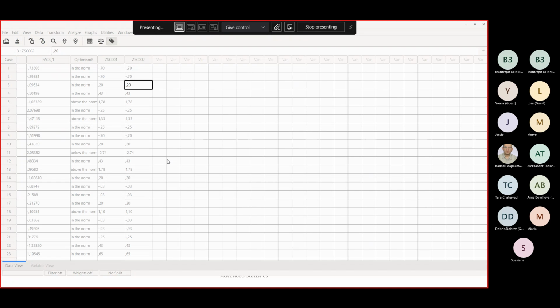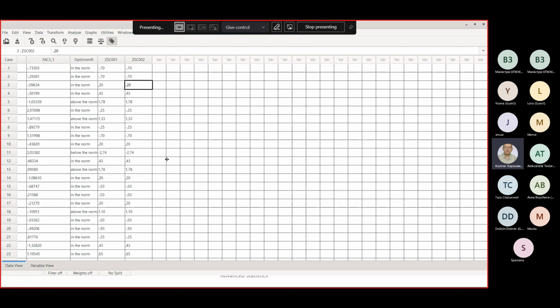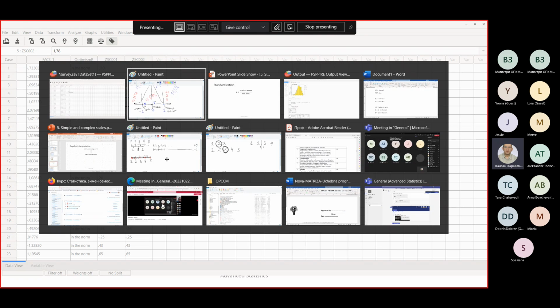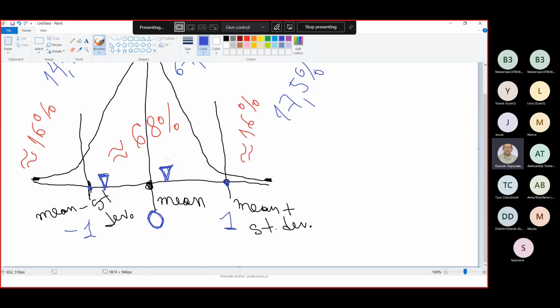So the fifth individual is 1.8. 1.8 is greater than 1, so this individual is above the norm, and 1.8 is maybe here.